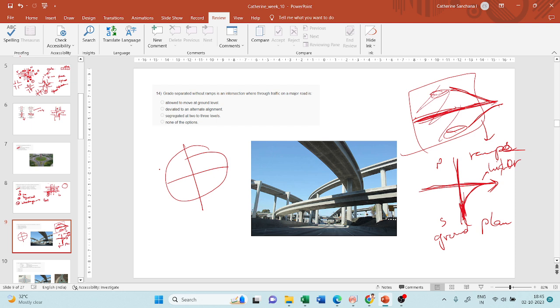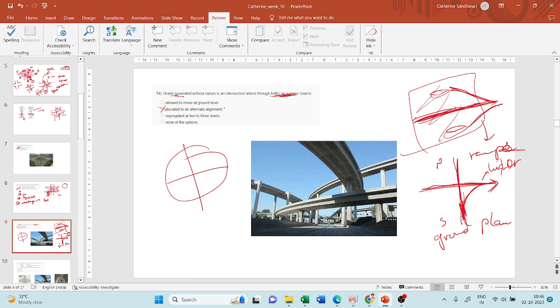Now they are asking what a grade separated intersection without ramps is, where the through traffic on a major road will move. As I told you, it is just crossing and you cannot deviate to other directions, right? So this option is not the answer. You cannot go from one direction to the other without ramps.